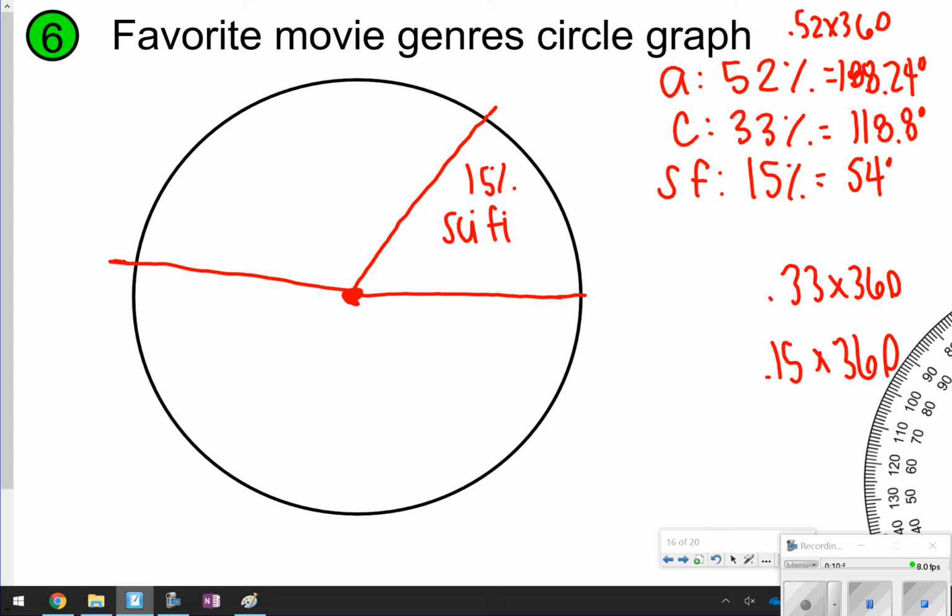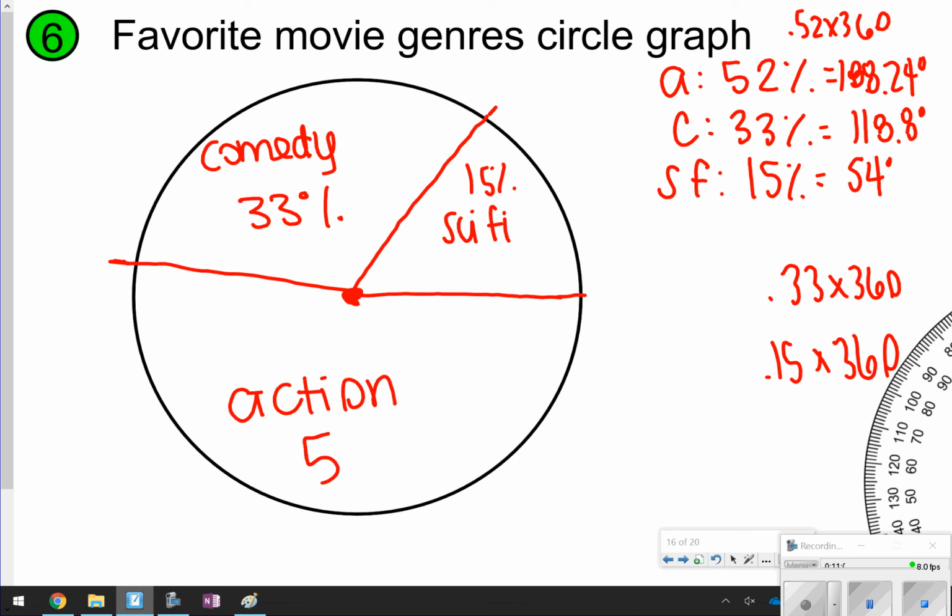Again, that one should look like a third of your circle, which means your action at 188.24 degrees should be your 52%. And notice it is a little bit bigger than your 180 degrees, and that's exactly what we need it at. Okay.